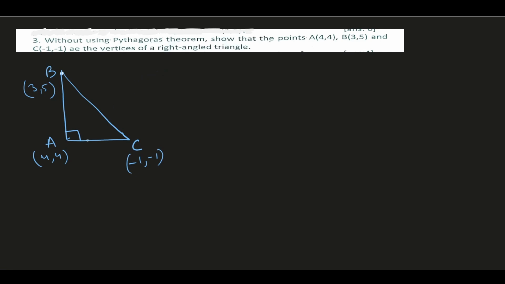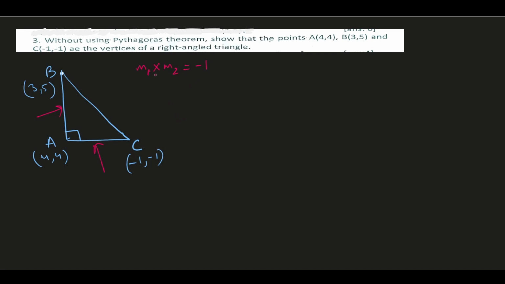Very clearly, if we look here, this AC is perpendicular to AB. So if the two lines are perpendicular, it means that their slopes M1 into M2 must be equal to minus 1.